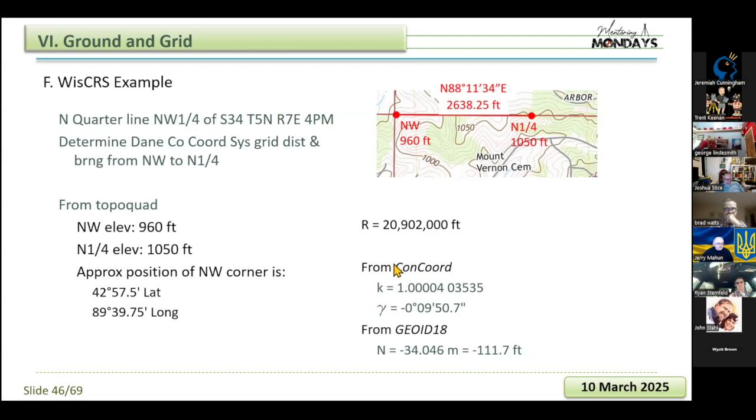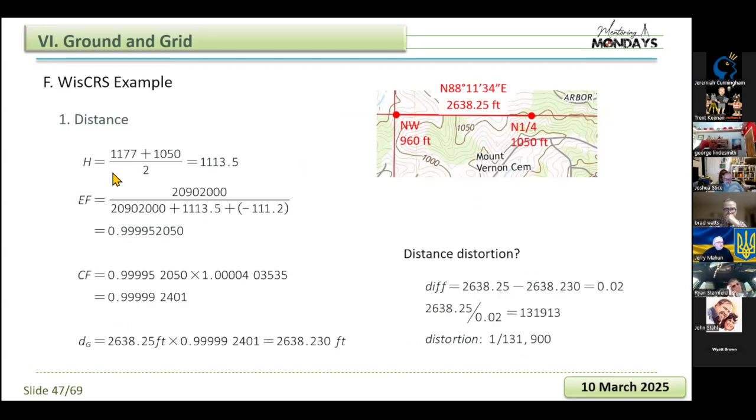So you see my scale factor is really, really close to 1, which is what I want it to be, in combination with the elevation factor, to make sure that the grid distance is pretty close to the ground distance. When I do my distance reduction, the only thing that changes here, remember, nothing changes in this part, because this is going from the ground to the ellipsoid. That's irrespective of the grid or the grid factor that's used.